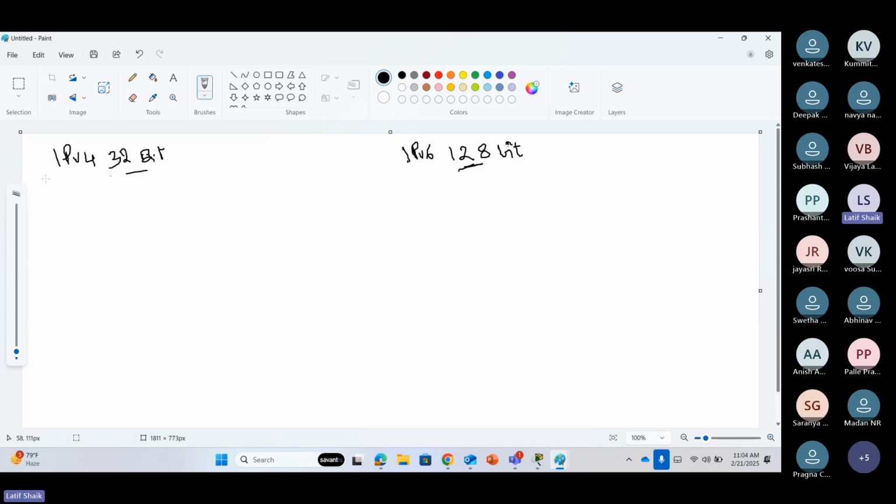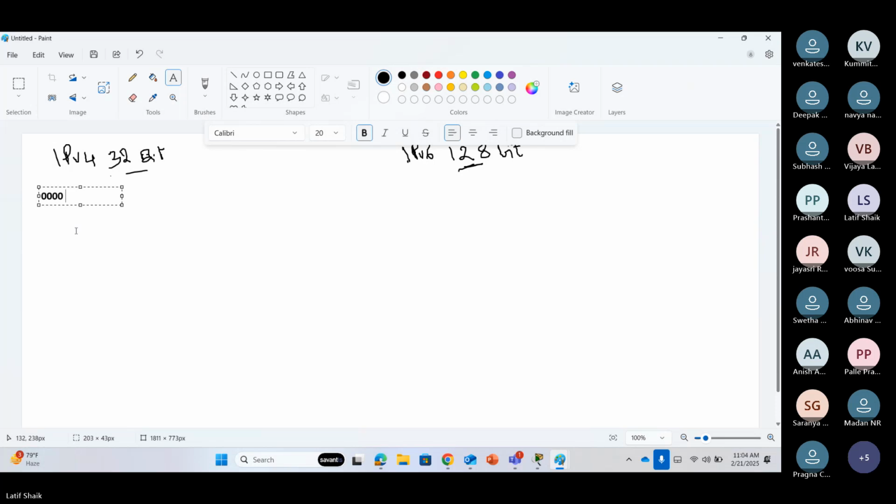32-bit means there are 32 binary numbers. I will explain IPv4 first. This is taking a lot of time to do this way. The easiest way is keyboard typing. I want 32.